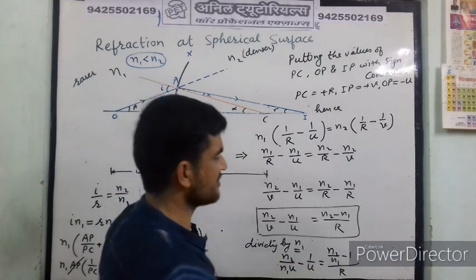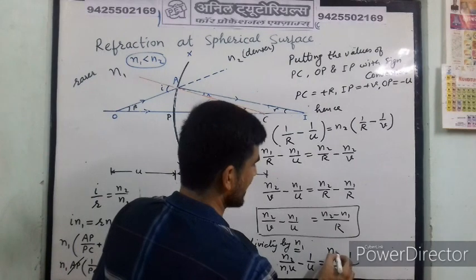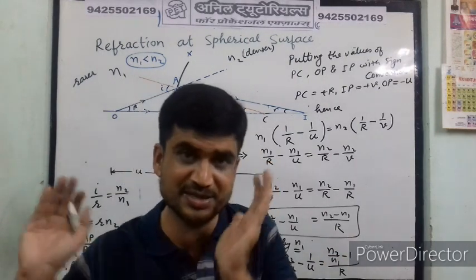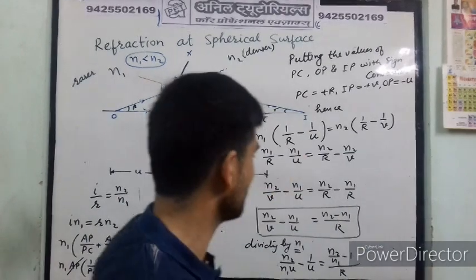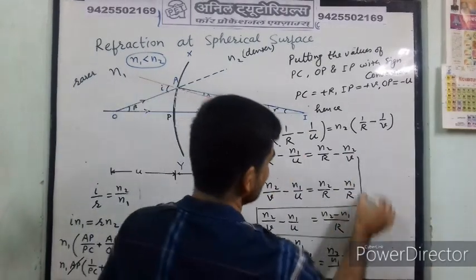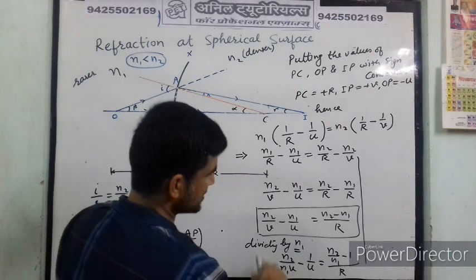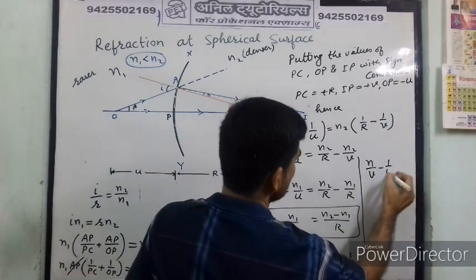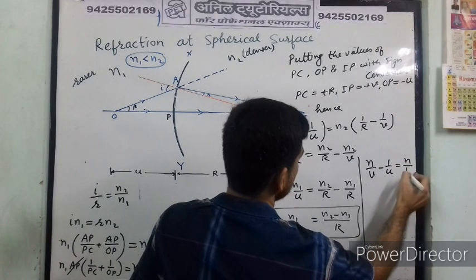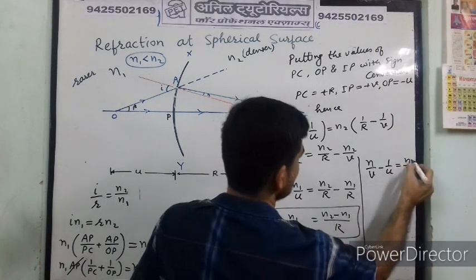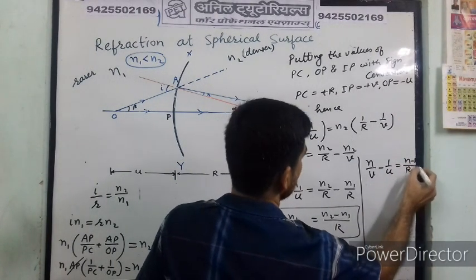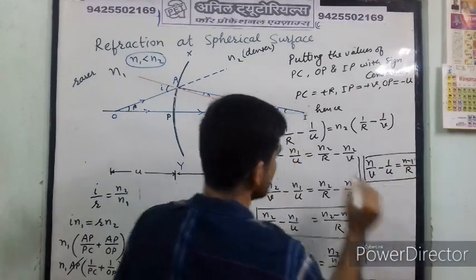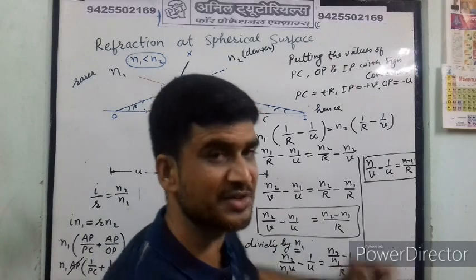You know N2 by N1 we took as n, the relative refractive index of the second medium with respect to the first medium. So finally, when you solve this, you will get n by v minus 1 by u is equal to n minus 1 over R. This is the result. It is the same result we got.